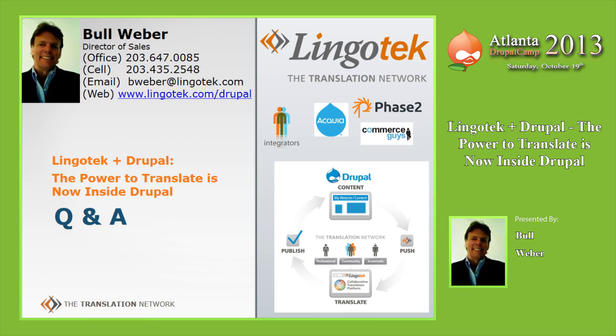Something a minute ago when we were talking about elements other than content being translated, taxonomies and menus and all this. Something that I'm not sure was mentioned, forgive me for being redundant if it was, but it's important.